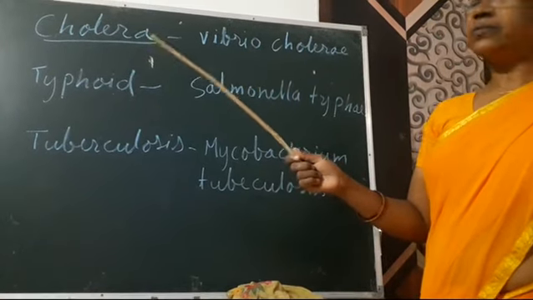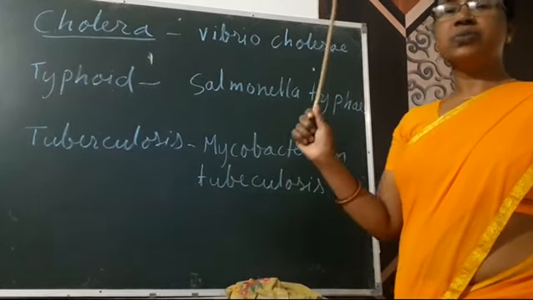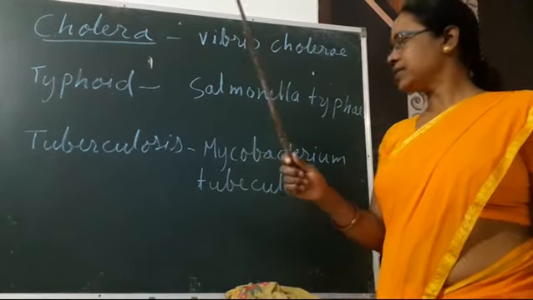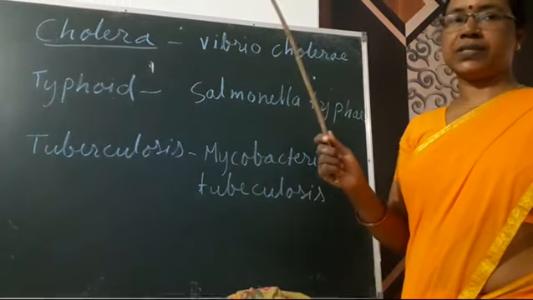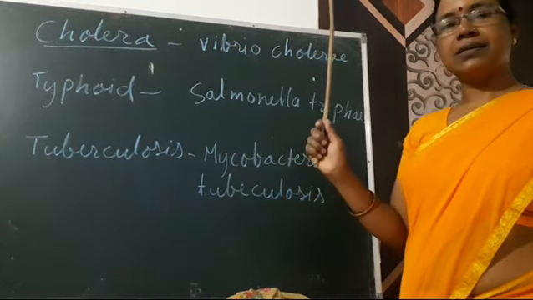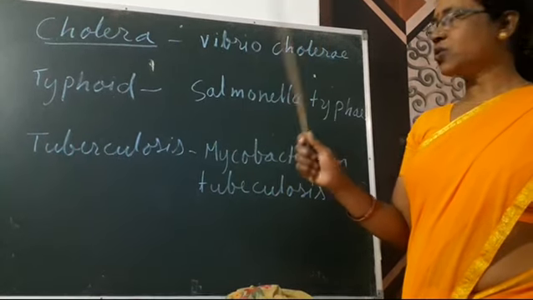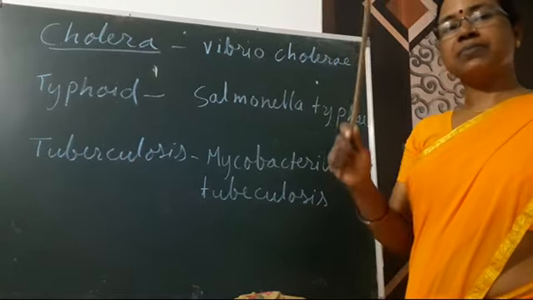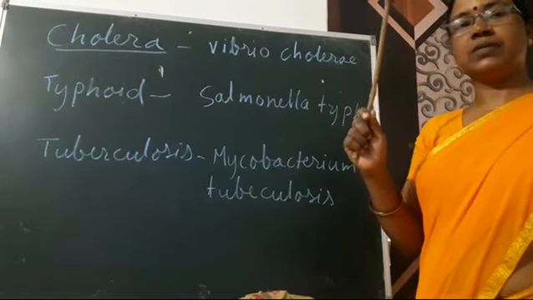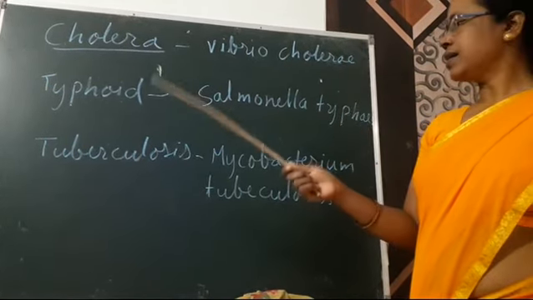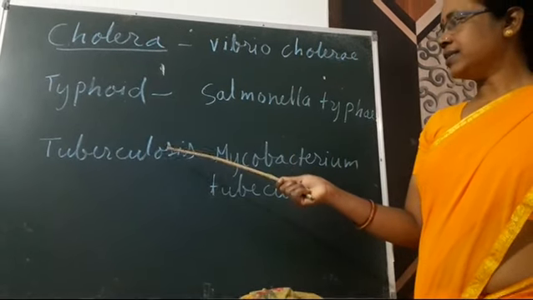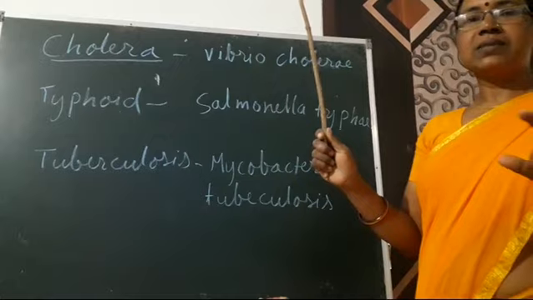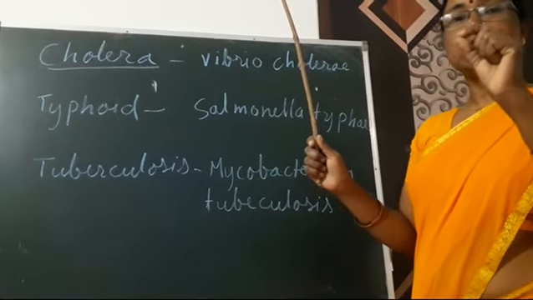And next we will see about tuberculosis, which is caused by Mycobacterium tuberculosis. It attacks the lungs, but not only that, it can attack your brain, kidney, bones, etc. In early stages, it can be cured, and it is spread by the infected person's sputum.